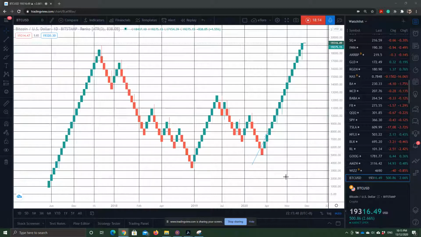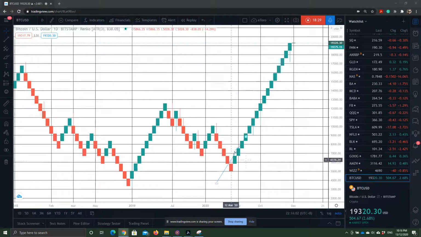As I said, Renko charts are designed to filter out minor price movements to make it easier for traders to focus on important trends. So you shouldn't be worried about too much fluctuation. You can see nice trends.